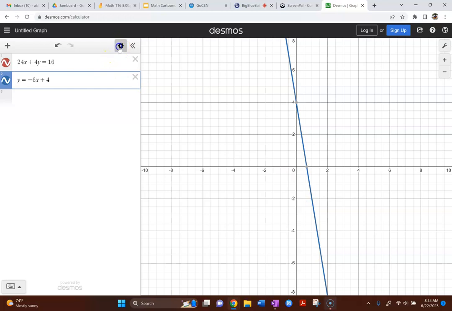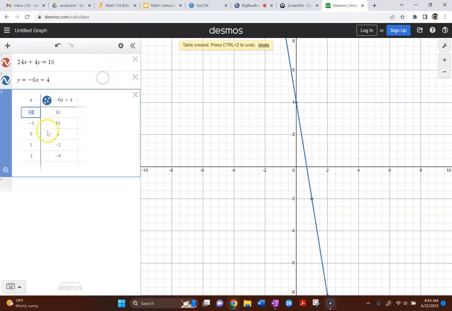Well, if I want to get the points, I go like this. 0, 4, and then we went down 6, right 1. So I should have negative 2. Oh, sorry. 1 is my, there we go, 1 comma negative 2 was my other point when I went down 6, right 1. That's the point 1 comma negative 2.